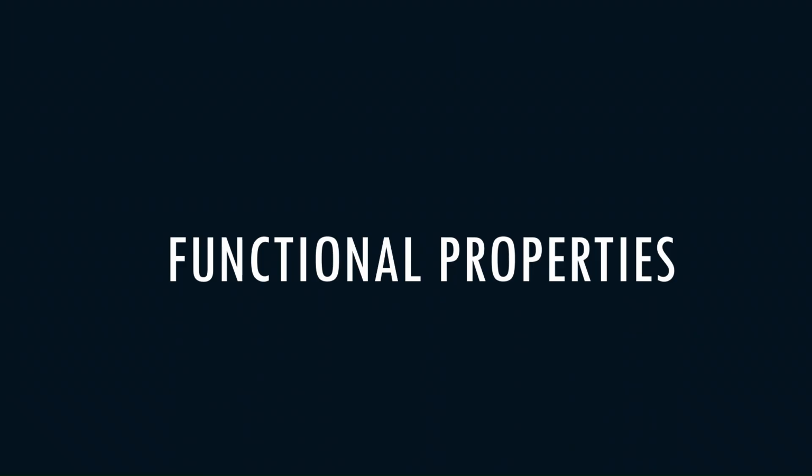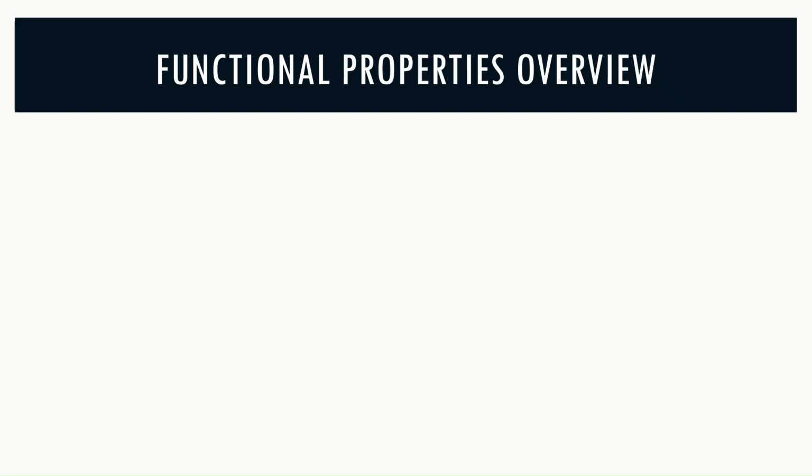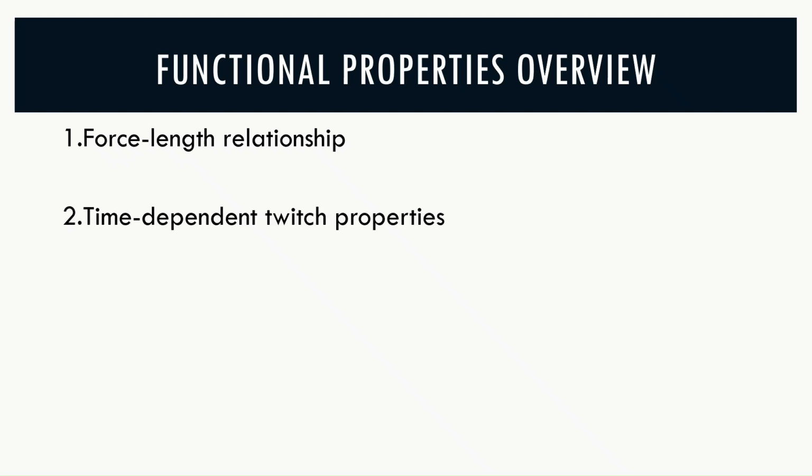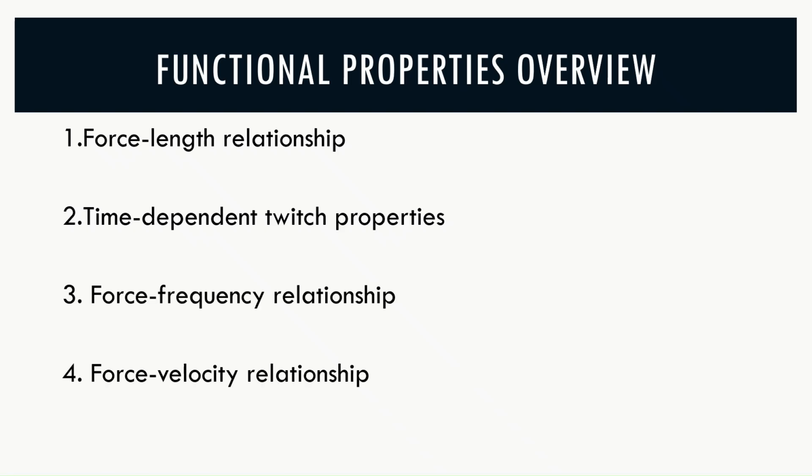In the last part of the lecture, we will be covering functional properties of respiratory muscles. Functional properties of respiratory muscles are described using several relationships including force-length relationship, force characteristics over time, force-frequency, and force-velocity relationships.